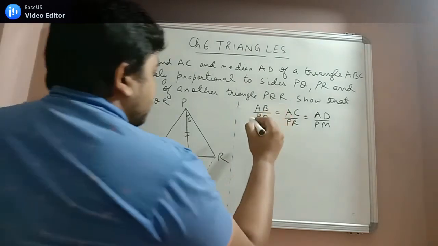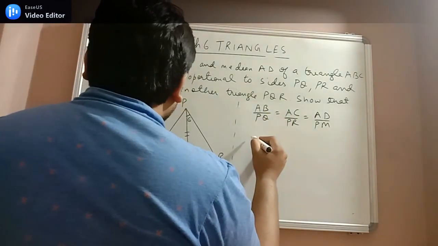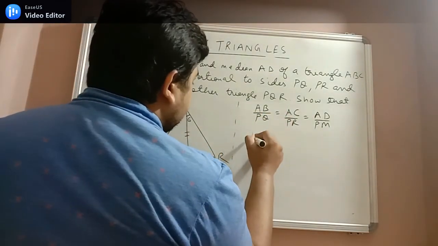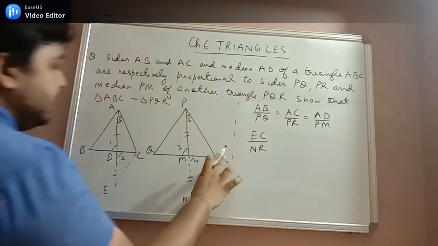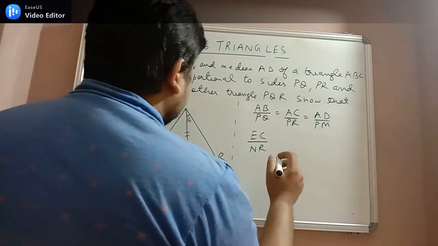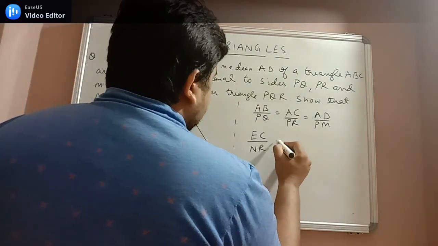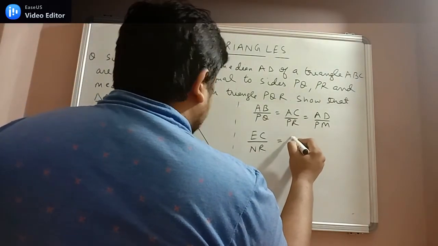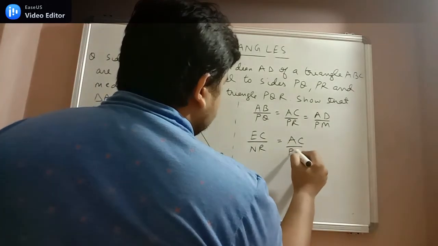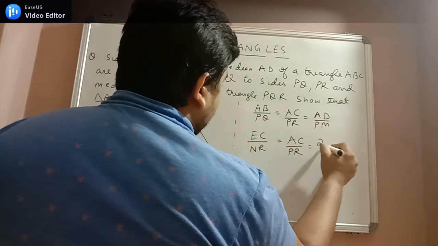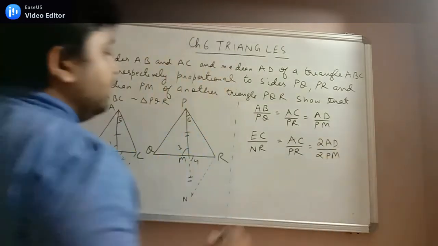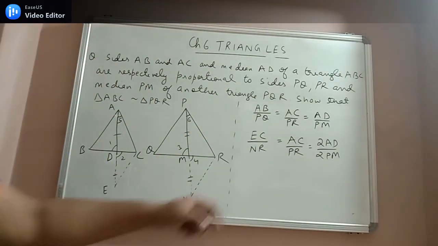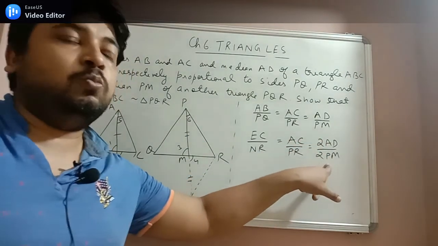So the same ratio can be written like this: EC upon NR equal to AC upon PR equal to twice AD upon twice PM. In the ratio it doesn't matter if I multiply the numerator and denominator by 2.